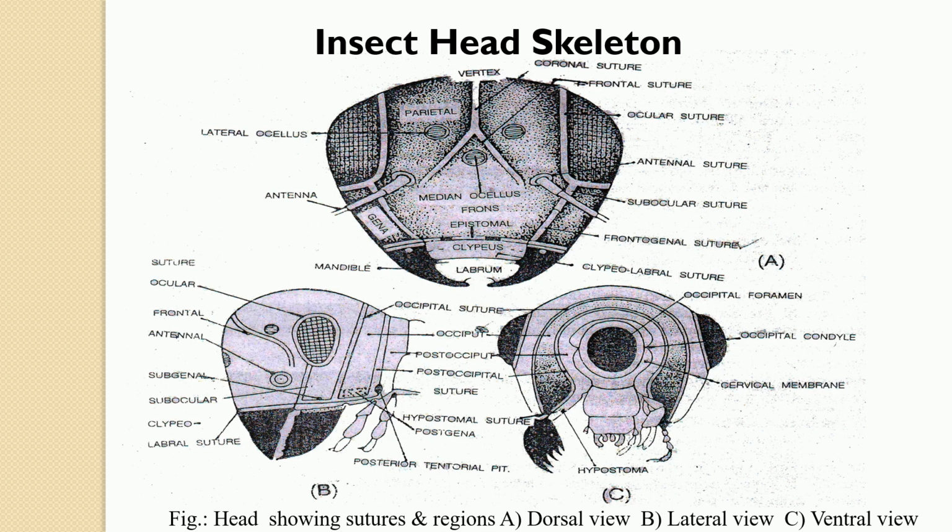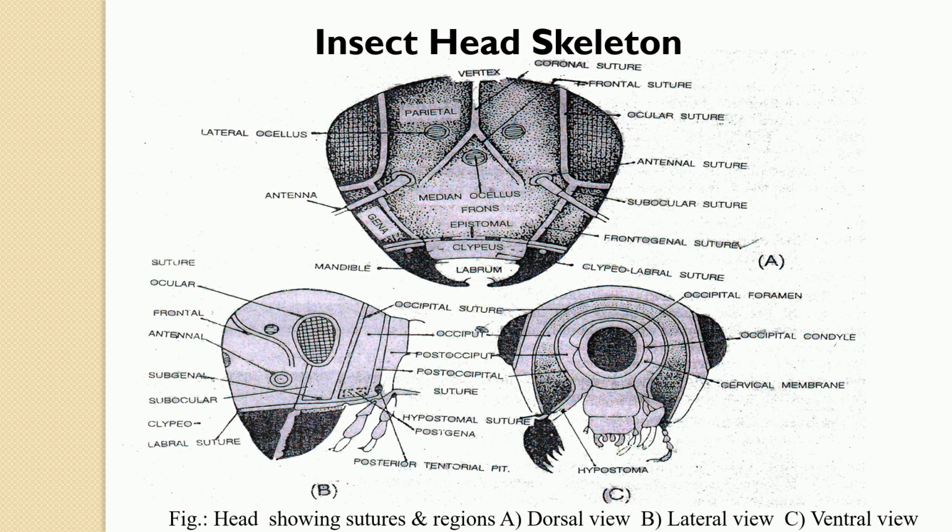So let's start with the head sclerites or the areas. These are the cuticular areas that can be seen on the external surface of the head. Here you can see the different cuticular areas which can be recognized on the insect head, and they are formed only due to the presence of different kinds of sutures on the insect head.